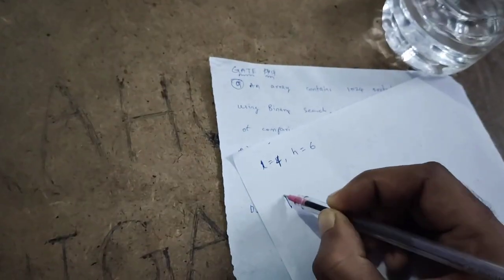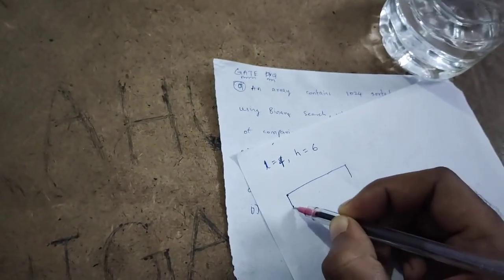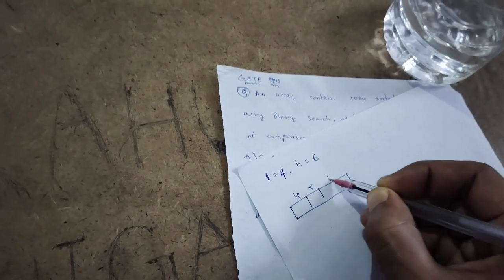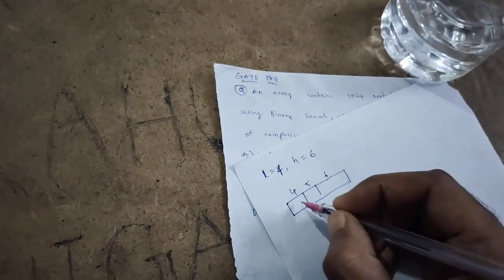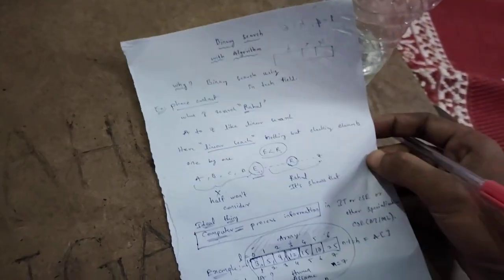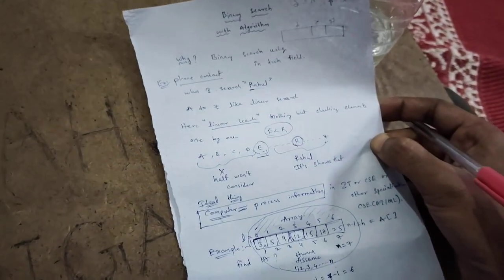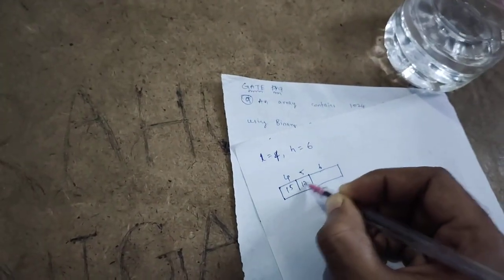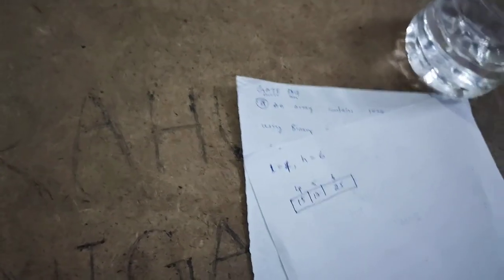Then our array is likely 4, 5, 6, so 15, 17, 25.